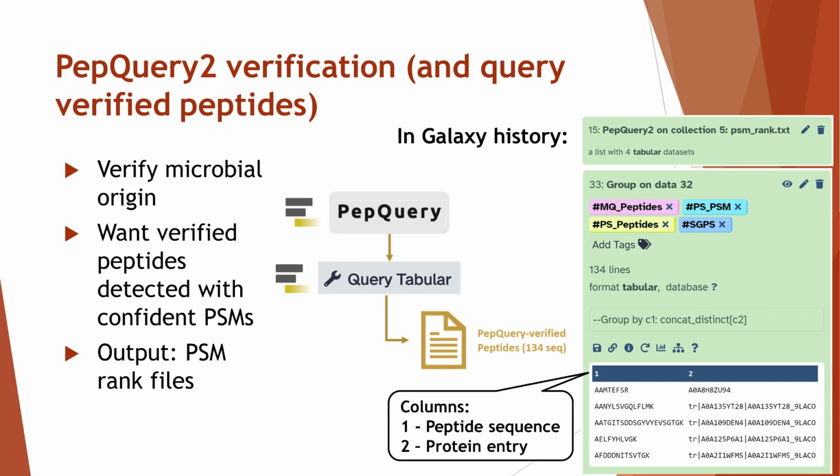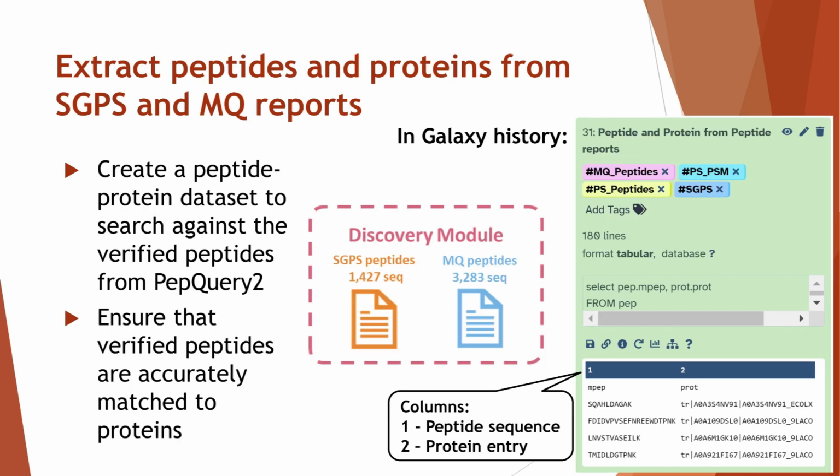In our analysis, we want the verified peptide sequences with confident PSMs. These peptides will be put into Query Tabular along with a peptide protein dataset that we will create from the SearchGUI PeptideShaker and MaxQuant peptide reports. This is the first of two uses of the Query Tabular tool in this module.